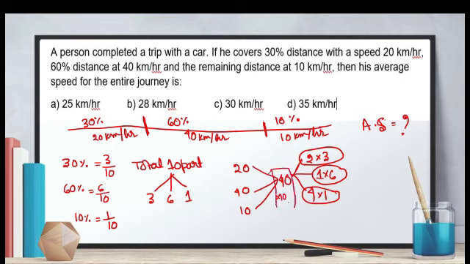So average speed will be 40 cross 10 upon 2 times 3 plus 6 plus 4, that is 6, 6, 12 and 4, that is 16.